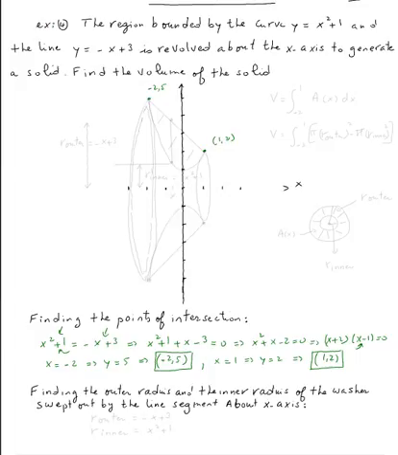Now we can graph. To graph y equals x squared plus 1, we know that's graphing y equals x squared, the parabola, shifted 1 unit up. So the vertex is going to be here, but I'm not going to graph all the way. I'm going to stop here, and then stop here. But you can tell that's y equals x squared plus 1. Now I need the line y equals negative x plus 3.